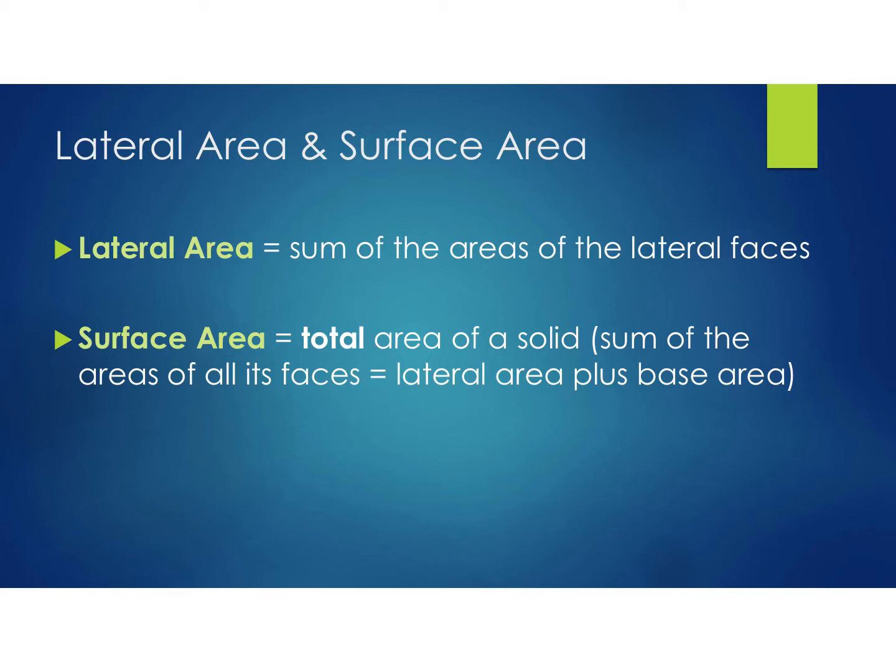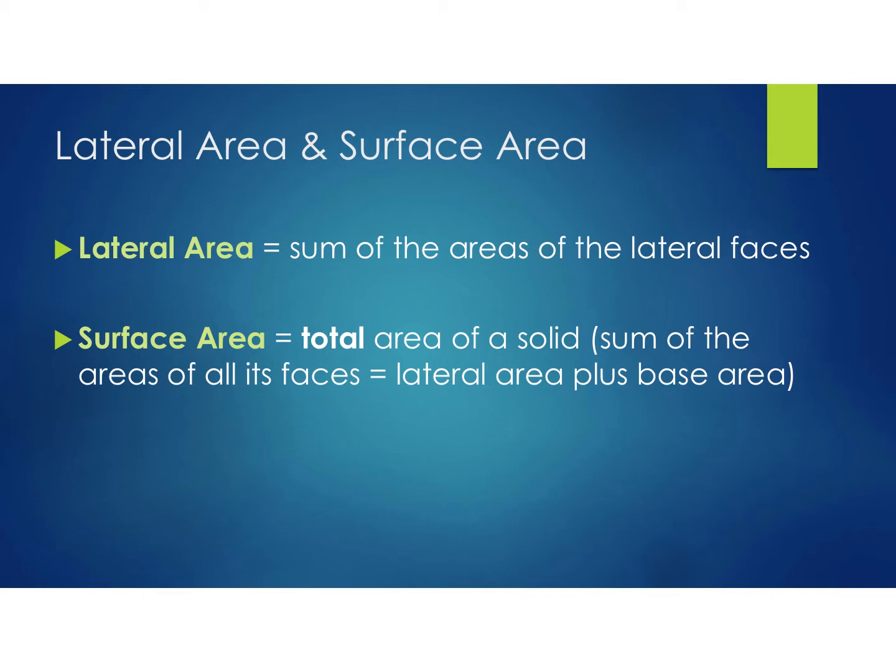So if you recall back when we talked about prisms, you had a base, which is usually the top and the bottom. But again, remember, your solid doesn't always sit on the base. It's whatever shape you have two congruent faces of. All the other faces are called the lateral area. It's like if it were sitting on its base, it would be the sides.